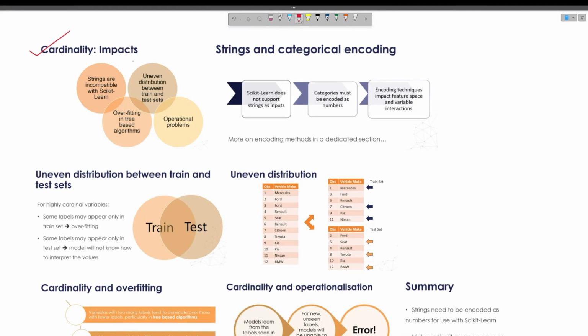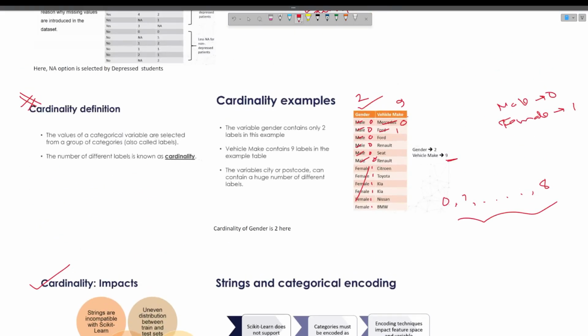Now, what's the impact of cardinality? Strings are incompatible with scikit-learn, so if the values are strings, it cannot work. A moment ago I converted the male and female strings to 0 and 1 as numbers.